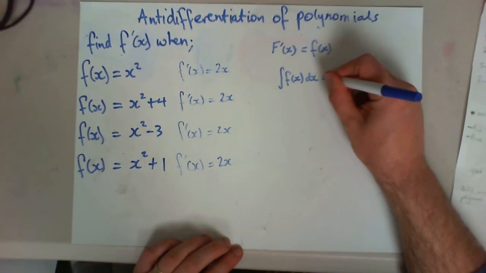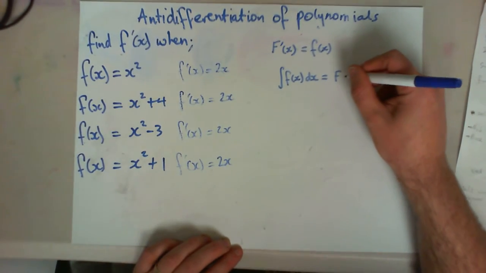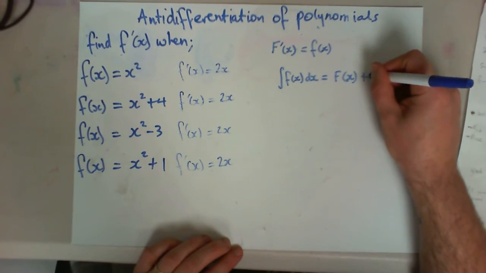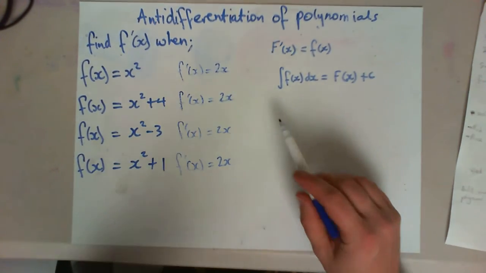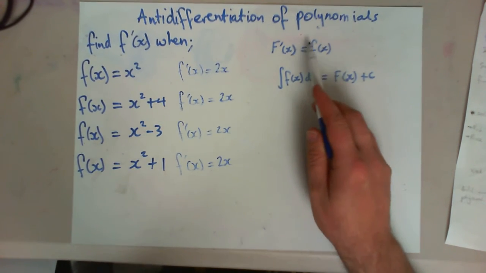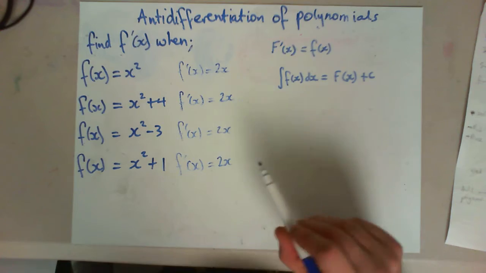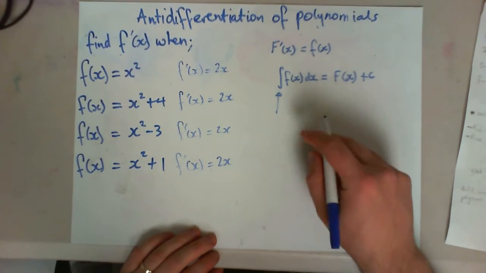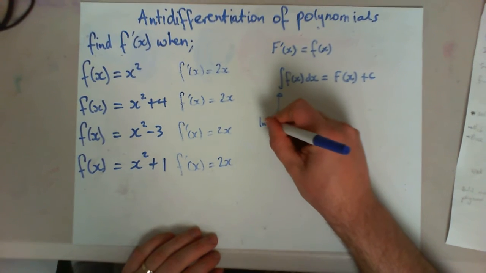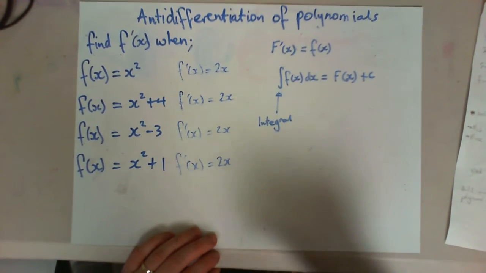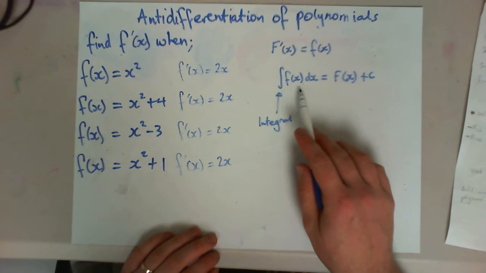and I'll explain this. We're saying that we had the derivative of a function equaling this other function. Now if we take the antiderivative, this sign here is what we call an integral, and it means that we're finding the antiderivative of this.